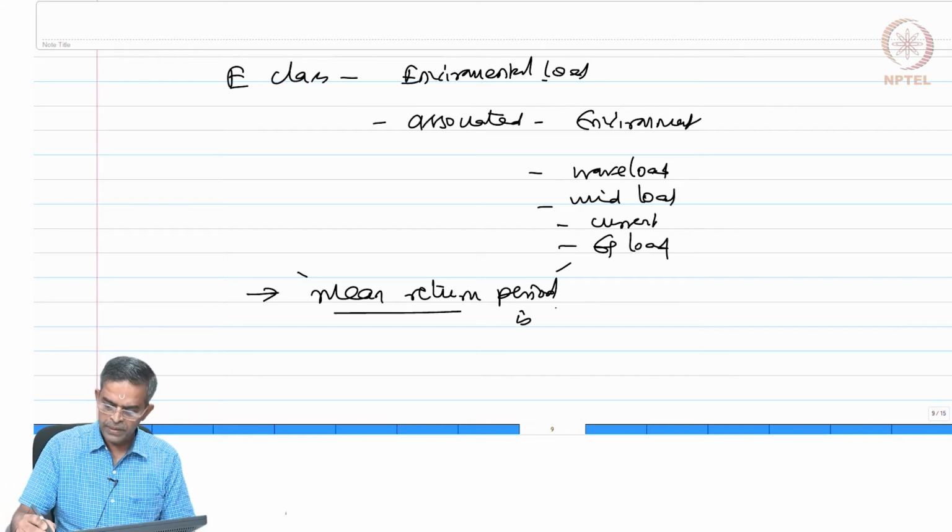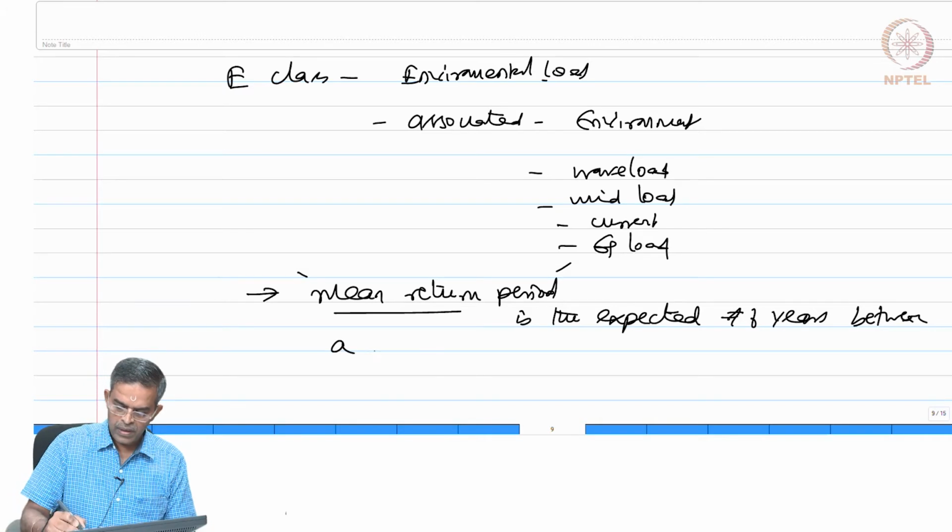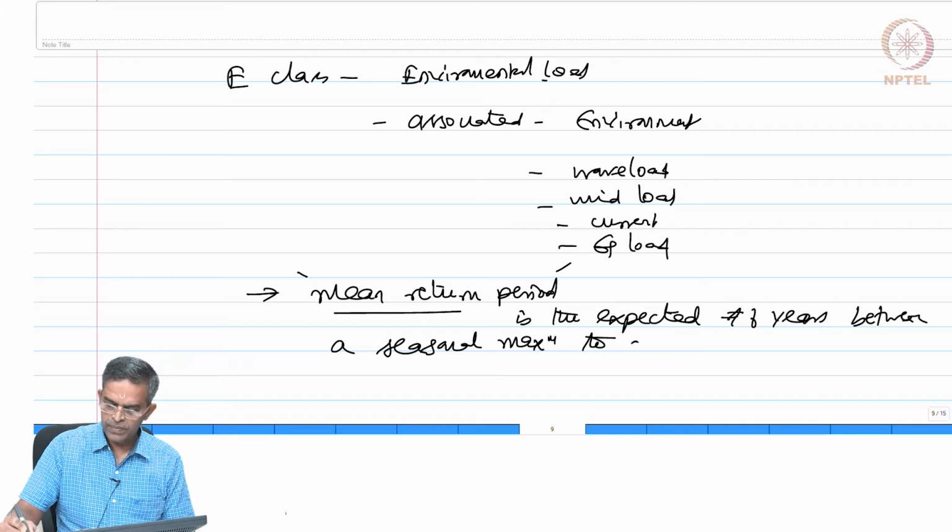Mean return period is defined as the expected number of years between a seasonal maximum to occur.